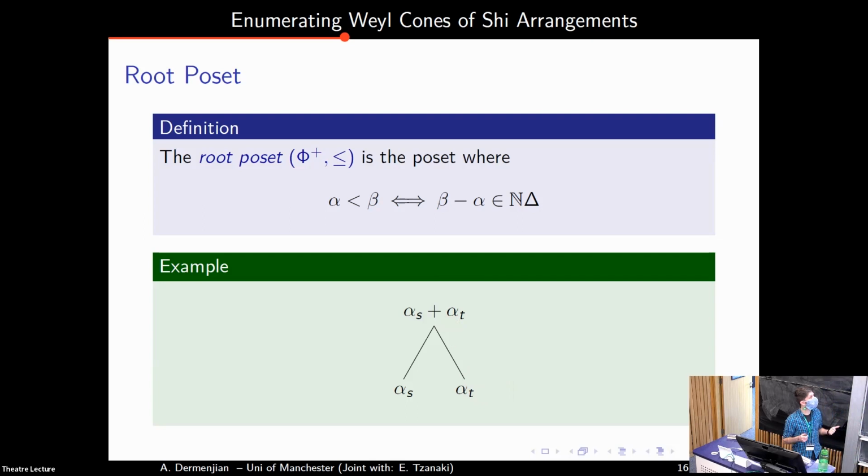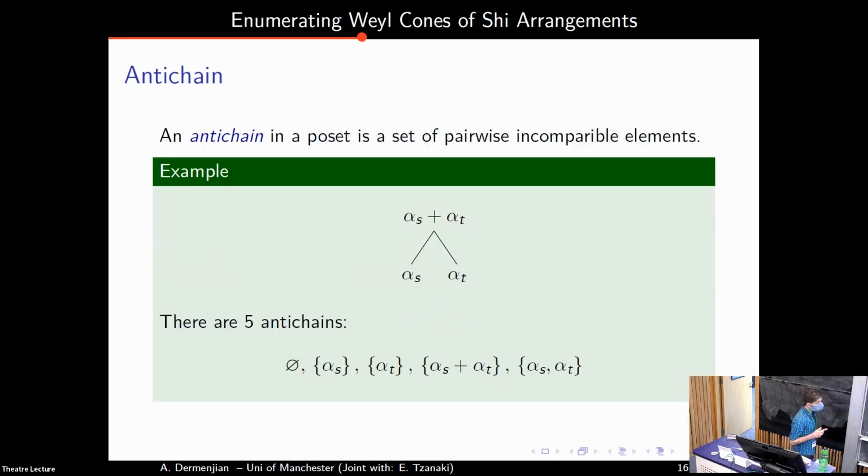Then what we're going to do on this root poset is look at antichains. An antichain is basically some finite collection of your elements such that any two are pairwise incomparable. In other words, if you're looking at the Hasse diagram, you don't have two elements above or below something else.